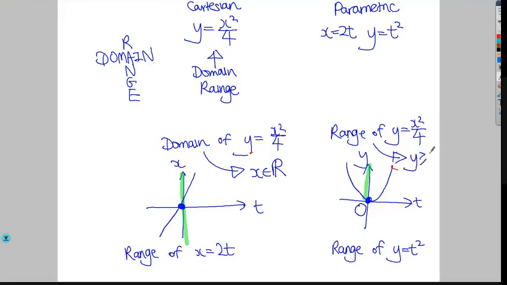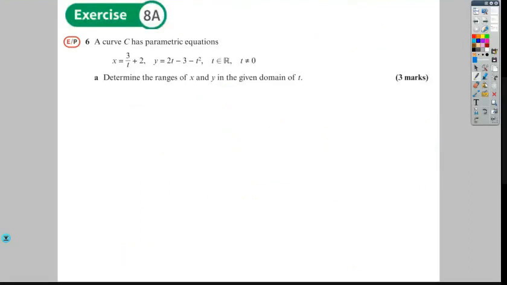In other words, the range of the function y equals x squared over 4 is y bigger than or equal to 0. So we can use these two curves to help us find the domain and the range of the Cartesian form. Having said that, we will use it to solve these two questions in hand.